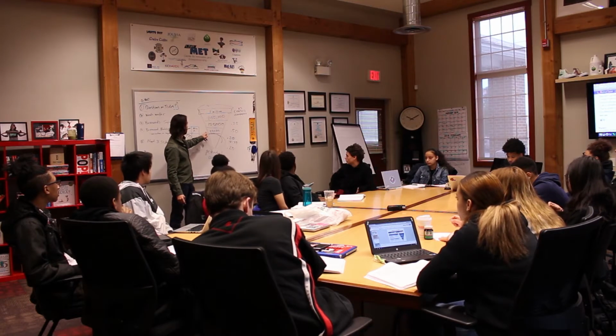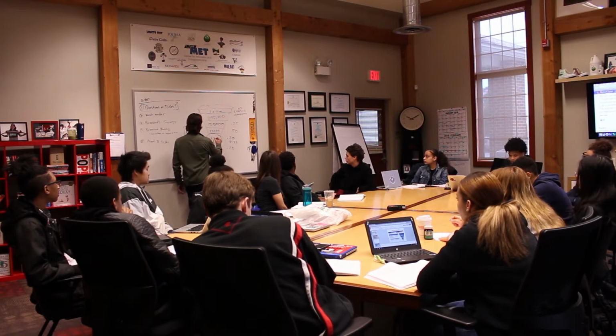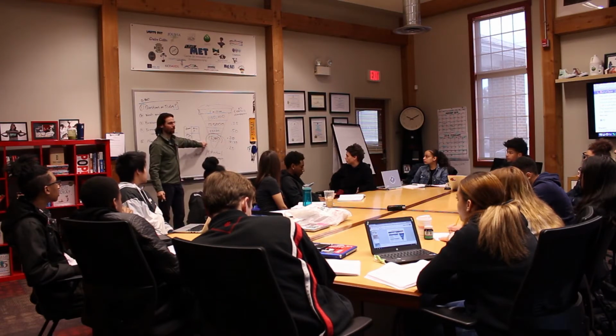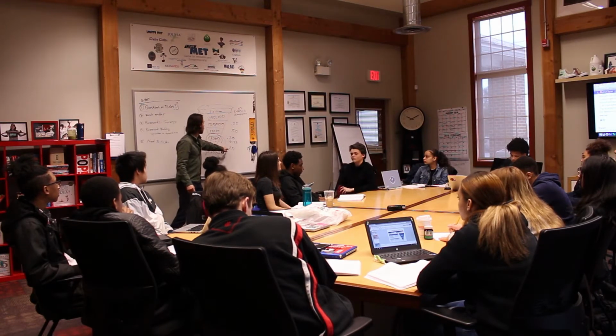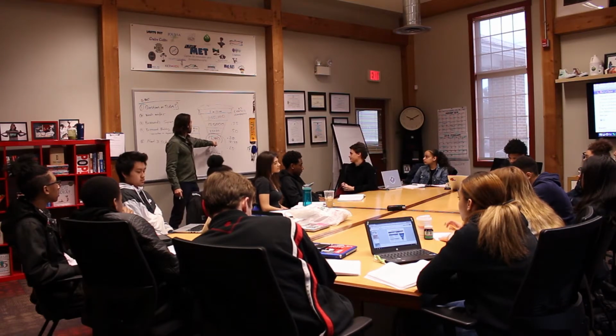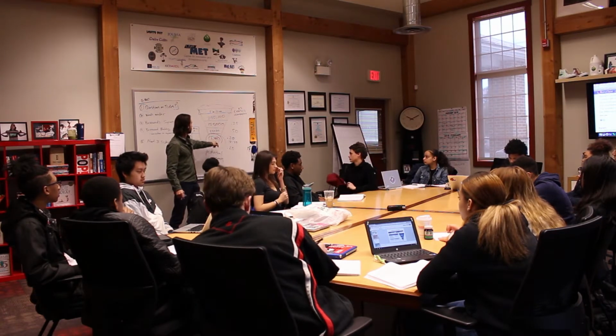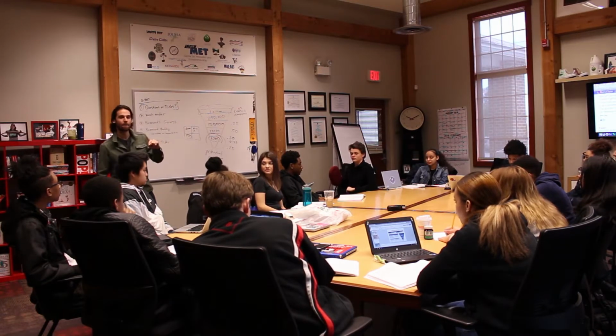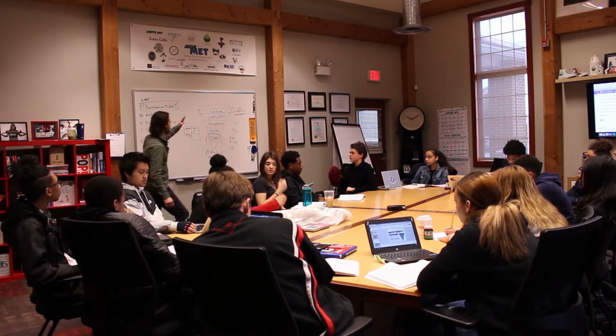25% of 25,000 is 6,250. I think that's the right number. Someone can do the math. Yeah, that's the right number. That's my funnel, all the way down.